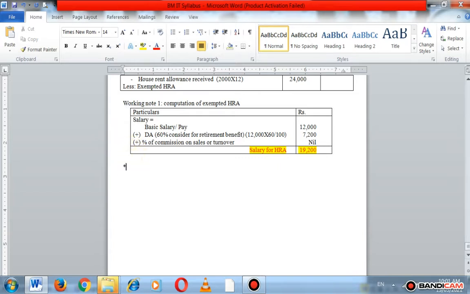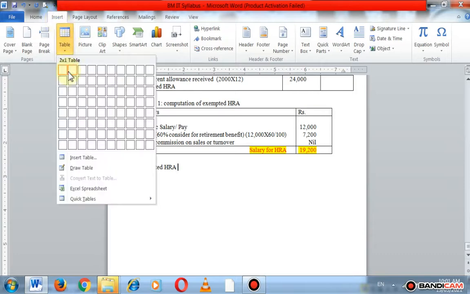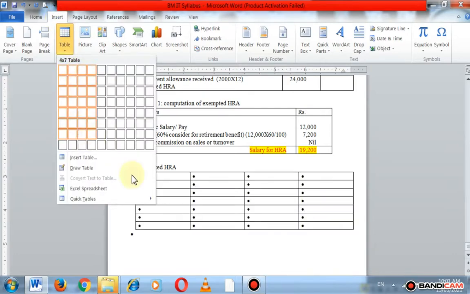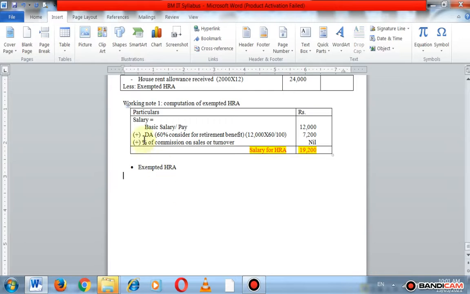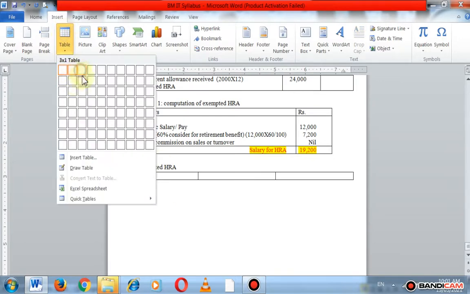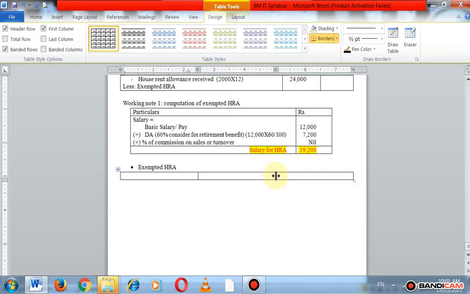So here for exempted HRA, prepare again a column, that is particulars and rupees. Now here the first point is exempted HRA.